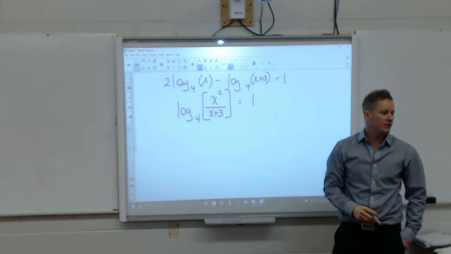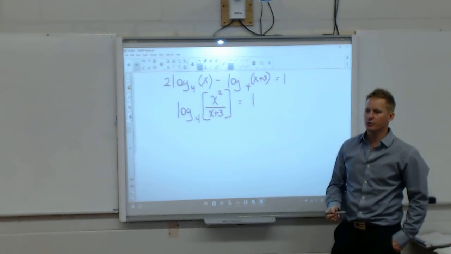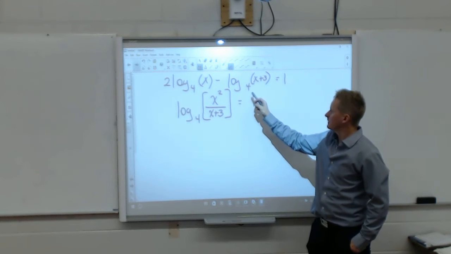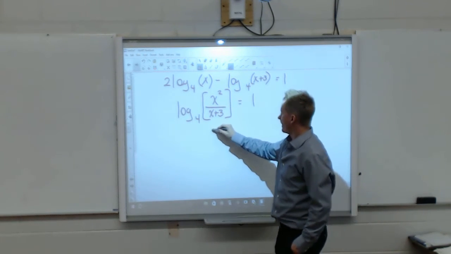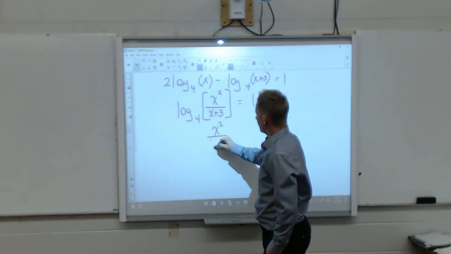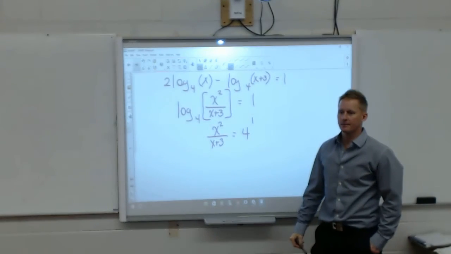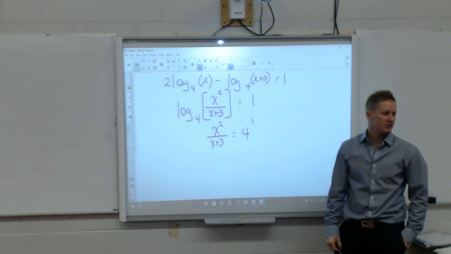Now I quickly change it into an exponential function, and then I can solve it. That to that exponent is equal to this. So I have x squared over x plus 3 is equal to 4 to the 1. Now I no longer have logs, and I can solve the question.